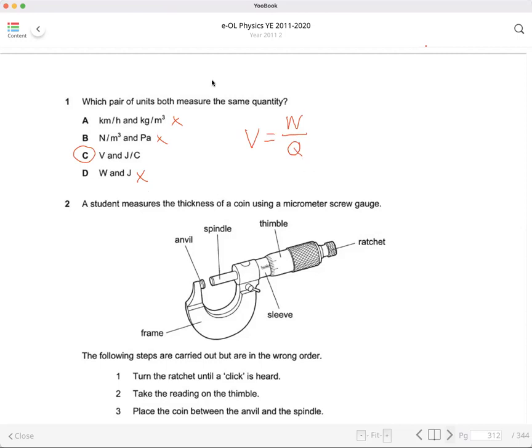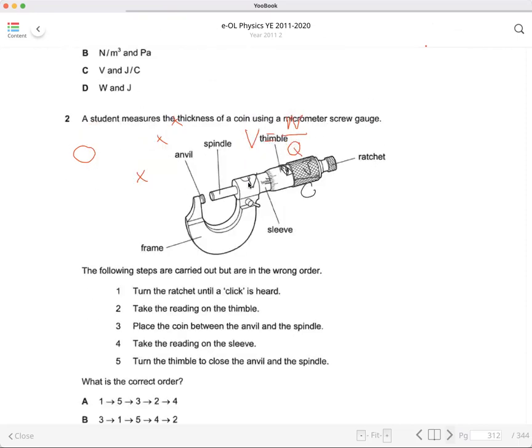Based on the unit, the unit for volt is V, the unit for work done is joule, and the unit for charge is coulomb. So therefore V is the same as J over C. Is that clear? Okay, let's all do question number 2. Let's begin.